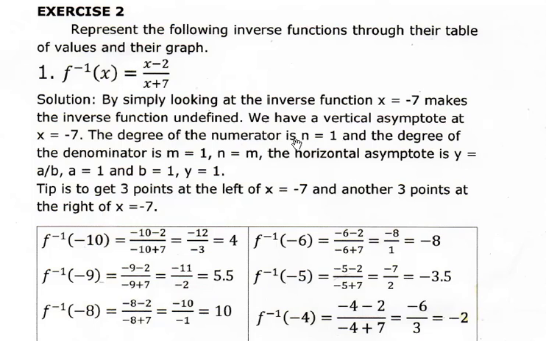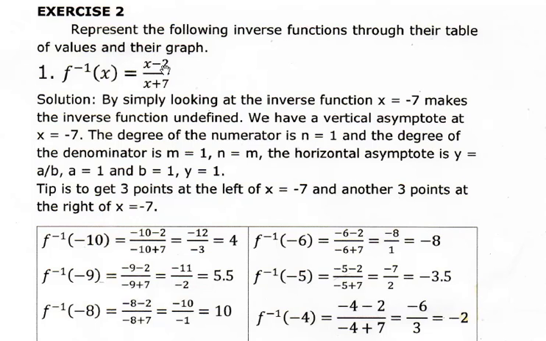So we need to understand the degree of the numerator and the denominator. What are the degrees? In this case, we have a linear function in the numerator, x minus 2, and another linear expression in the denominator. If it is linear, then the degree is just 1. Meaning, what's the power of x here?